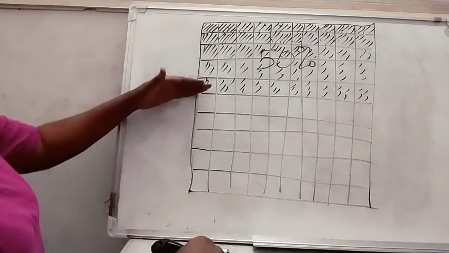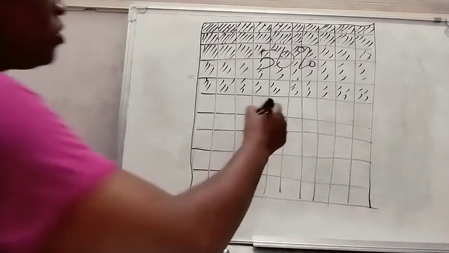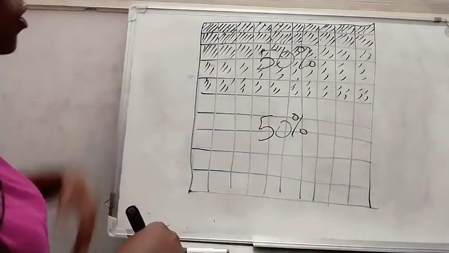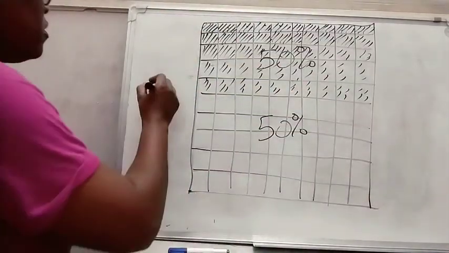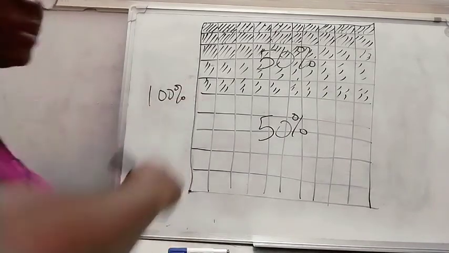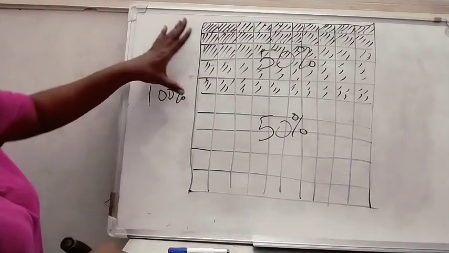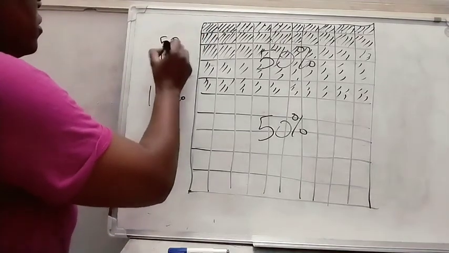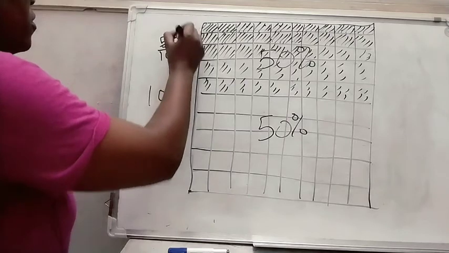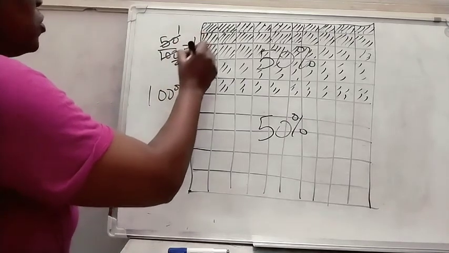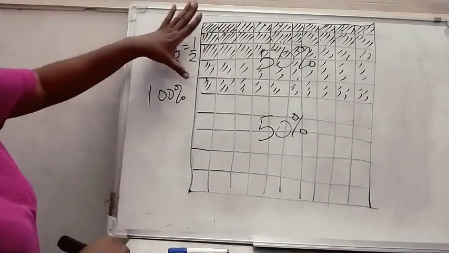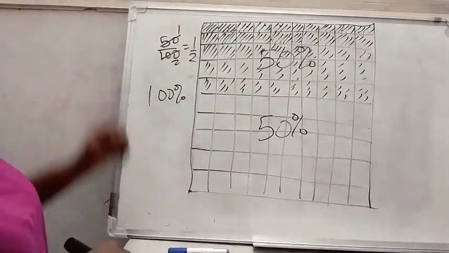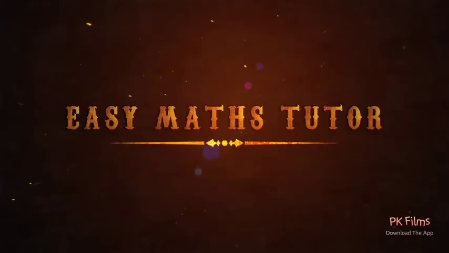Okay, the remaining will also be 50, which will give us also 50%. So the whole box will give us what? 100%. And we know that 50% is half, okay? Why? Because 50 over 100 will give us 1 over 2. So 50% of a whole means half of the whole population.